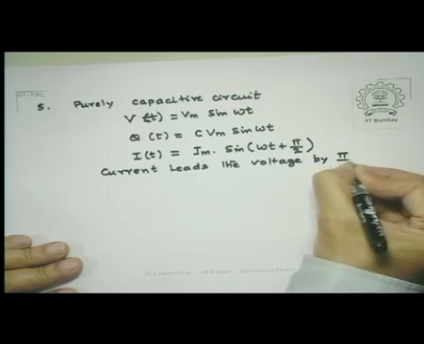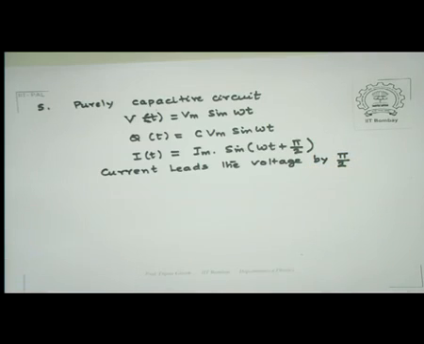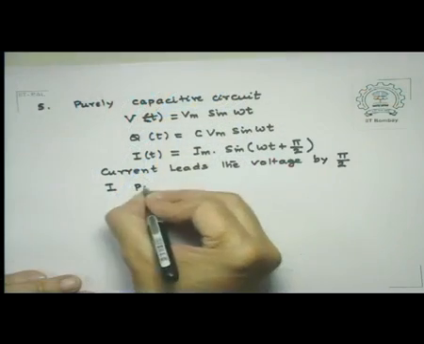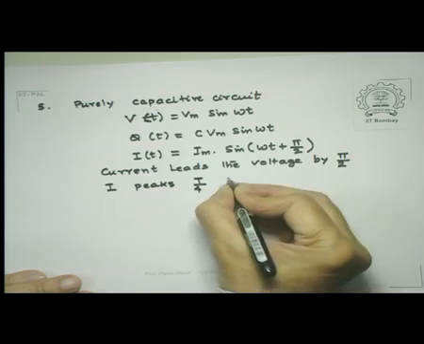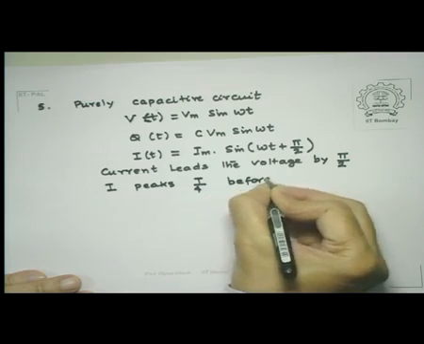What it means is that the current peaks a full quarter cycle before the voltage does. So I peaks T by 4 before voltage does.